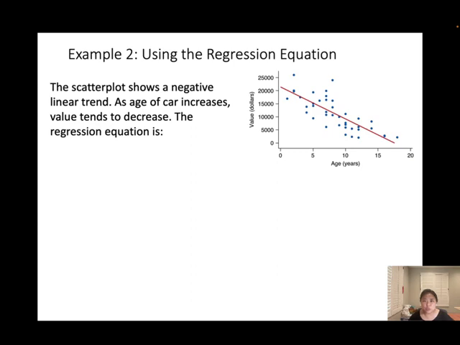The regression equation is given here: predicted value, which is your y, equal to the y-intercept, which is this point here, minus, and we use the negative because this is decreasing, so that's a negative slope. And then the age here is the variable x. So I will write it as the regression equation.